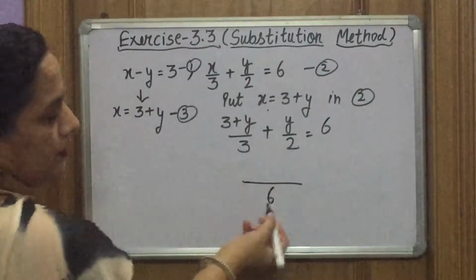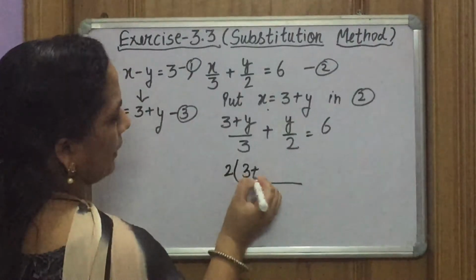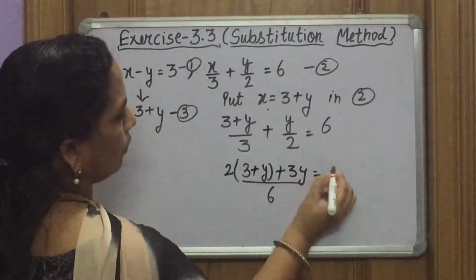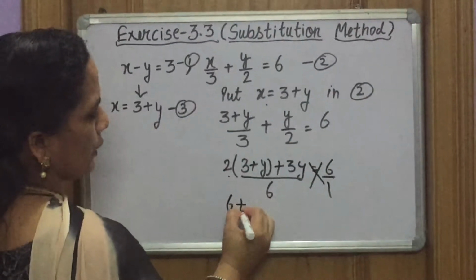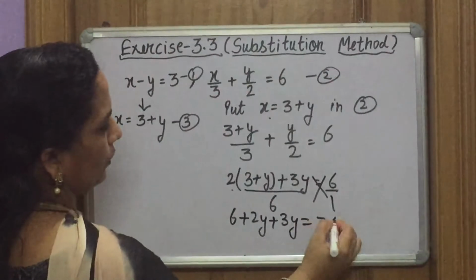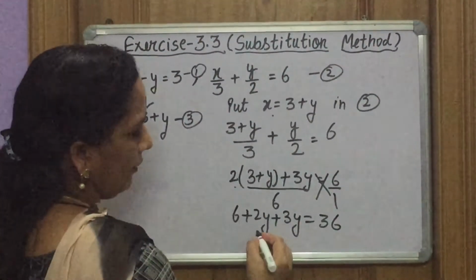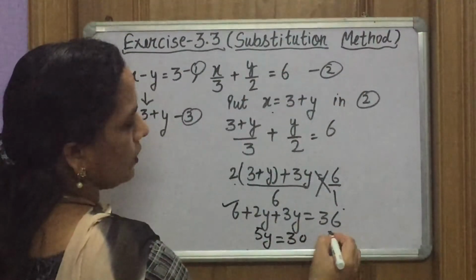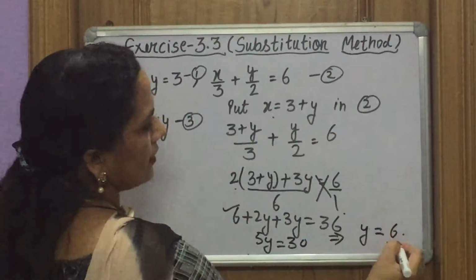And now, solving, we get 2 times (3 plus y) plus 3y is equal to 6. Do the cross multiply. 6 plus 2y plus 3y is equal to 36. Then 5y, transpose this term, then we get 30. So from here we get the value of y is 6.